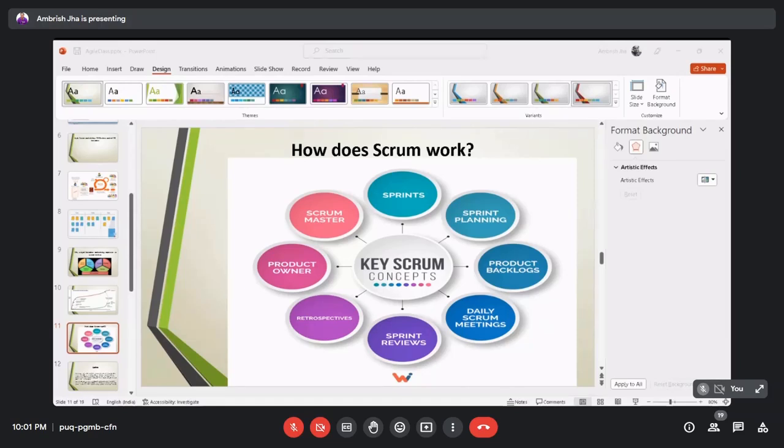So rather than that, if we are showing them anything which is working, not 100%, not 50%, at least 5%, the customer will be happy to see that his work has been started.